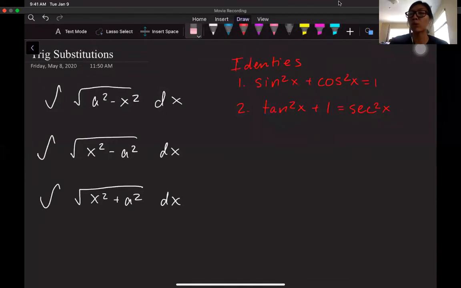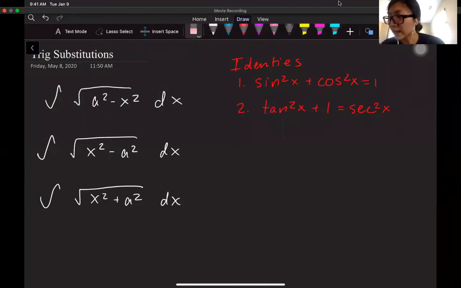And so I want you guys to get in the habit of not thinking about, okay, if I have an integrand that has an x squared minus a squared, I'm going to use a cosine, a secant, or a tan. I want you guys to get in the habit of, okay, if I'm presented x squared minus a squared, what kinds of trig identities can I try to manipulate so I can get something inside the integrand that looks nice?